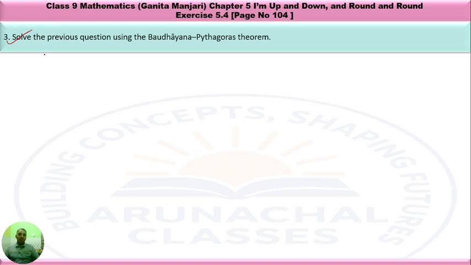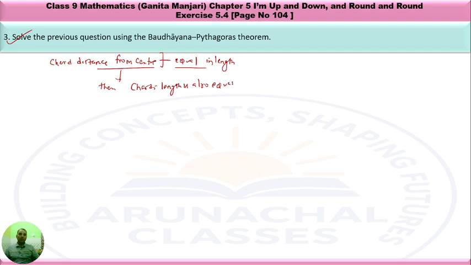See, question number 2, that is the previous question before 3, where we have come across that chord distance from center, if they are equal in length, then chord length is also equal. That is what the theorem is in the previous question.